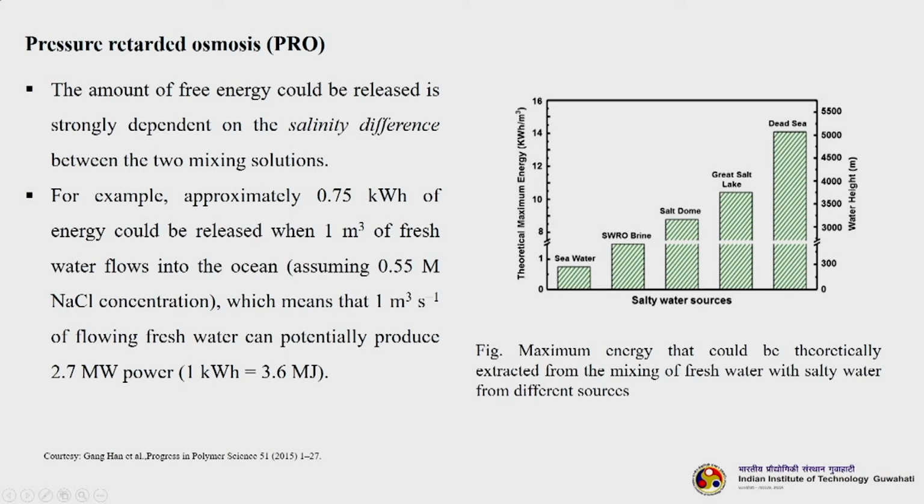For example, approximately 0.75 kilowatt hour of energy could be released when 1 meter cube of fresh water flows into the ocean, assuming a 0.55 molar sodium chloride concentration, which means that 1 meter cube per second of flowing fresh water can potentially produce 2.7 megawatt power.